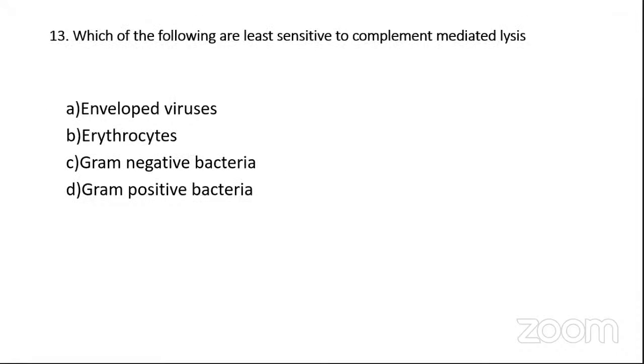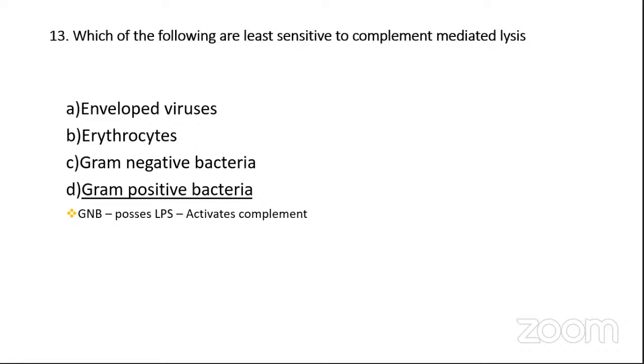Which of the following are least sensitive to complement mediated lysis? Enveloped viruses, erythrocytes, gram-negative bacteria, gram-positive bacteria. It is usually the gram-positive bacteria, because all gram-negative bacteria possess a lipopolysaccharide, also called endotoxin, which activates the complement.